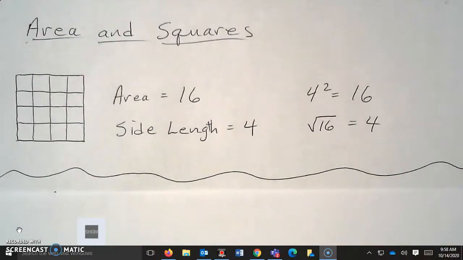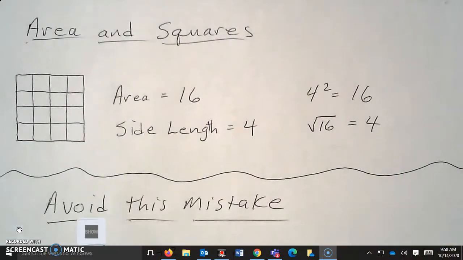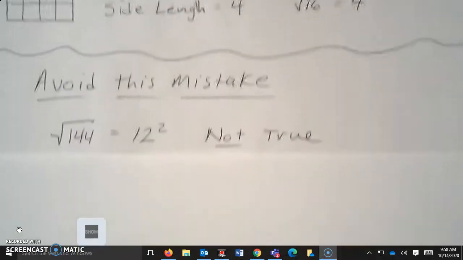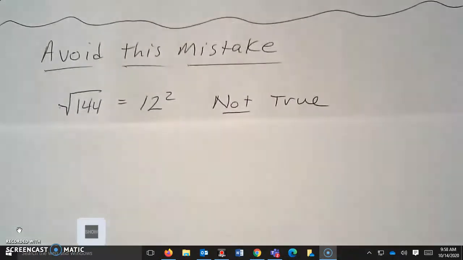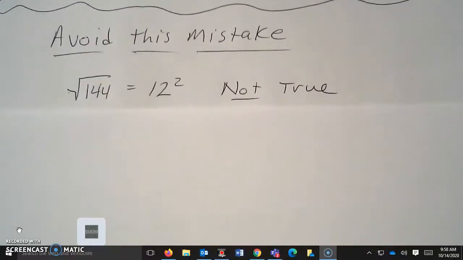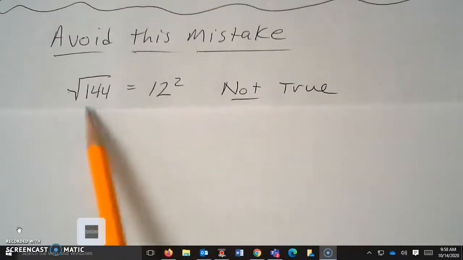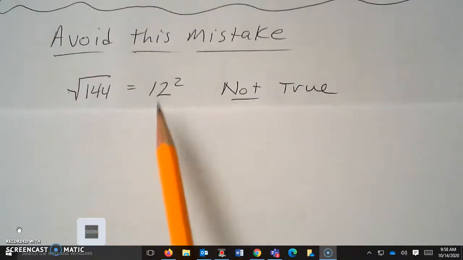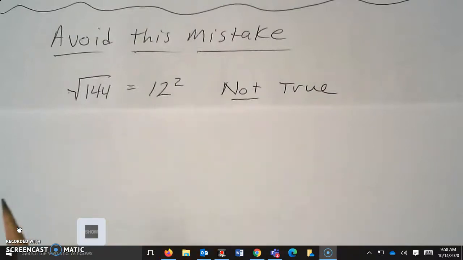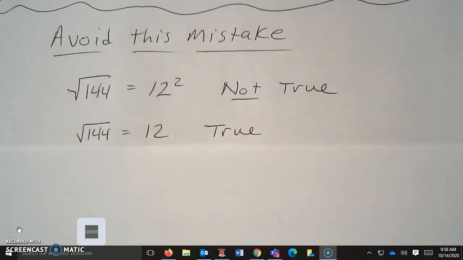So that's where we were, and I just want to point out, looking at some of the assignments, let's avoid this mistake right here. I saw this mistake on a problem like this. This is not true, everyone. The square root of 144 is not 12 squared. Okay, it's just 12. And it's 12 because 12 squared is 144.